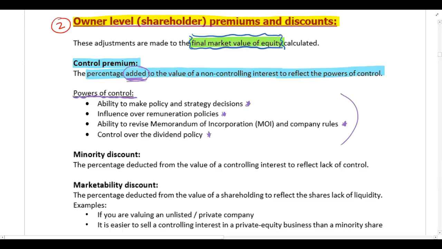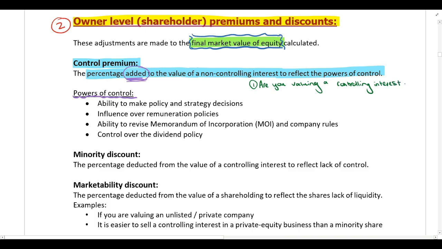Let's actually write these questions down so that you don't forget. So with a control premium, the first question that you ask yourself is, are you valuing a controlling interest? So in our example, we said, yes, we are valuing a controlling interest.